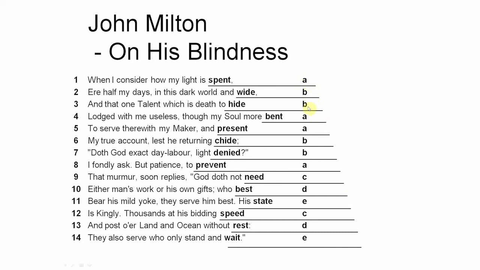So A, B, B, A, A, B, B, A. The ninth line rhymes with the twelfth line. The tenth line rhymes with the thirteenth line. And the eleventh line rhymes with the fourteenth line.